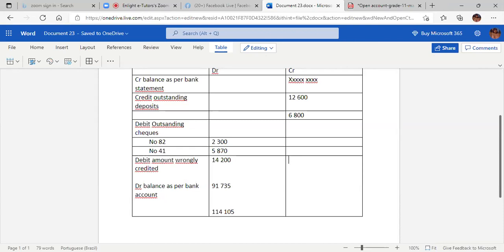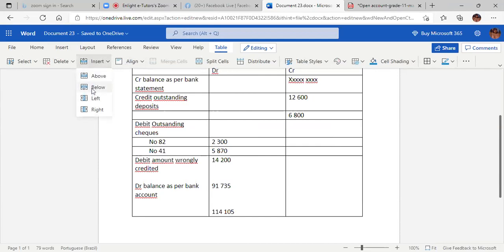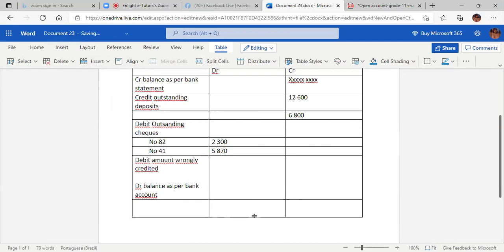So 2,300 plus 5,870 plus 4,200 plus 90 plus 91,635. I get 114,105. Please recalculate.